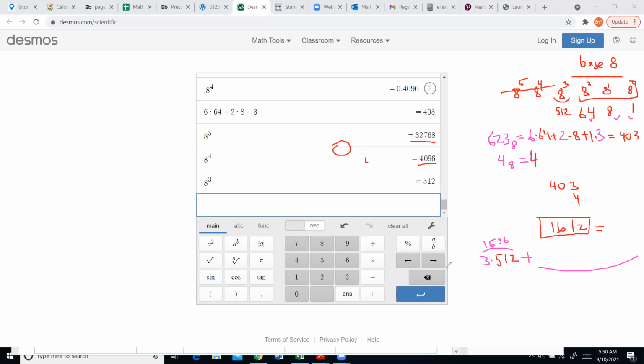So what's going to remain if you take it off from 1612? 1612, you subtract 1536. See, they start to be involved with a very tedious calculation. That's the reason why for the test, I decided to put smaller numbers, not big numbers like the one that we're working with right now. But if you can work with the big number, then you can definitely enjoy working with a small number.